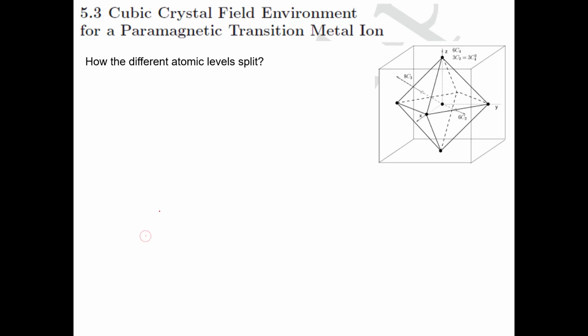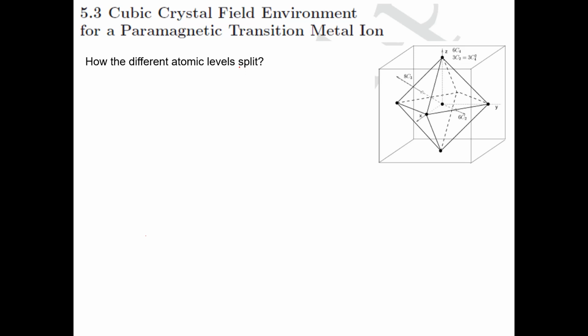Okay. So let's do an example. Let's consider the crystal field splitting for a certain transition metal ion, for instance, any transition metal which has D states.